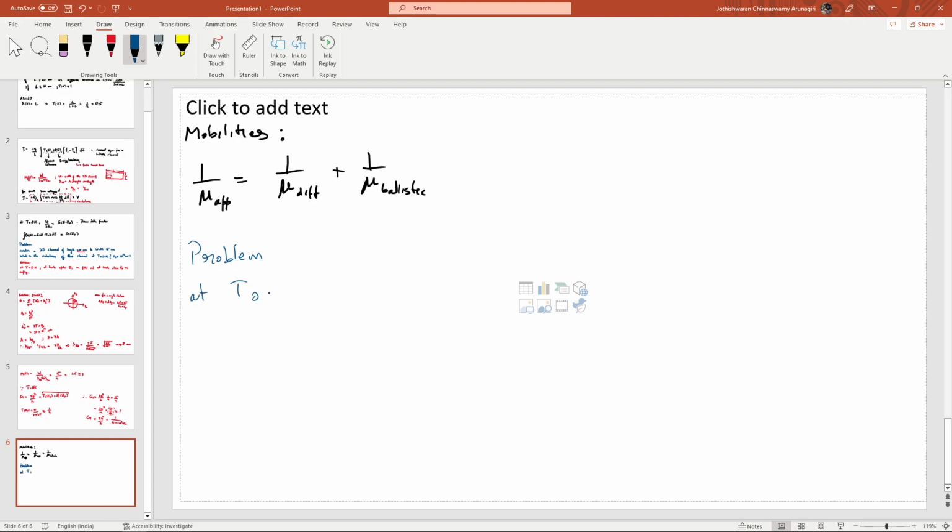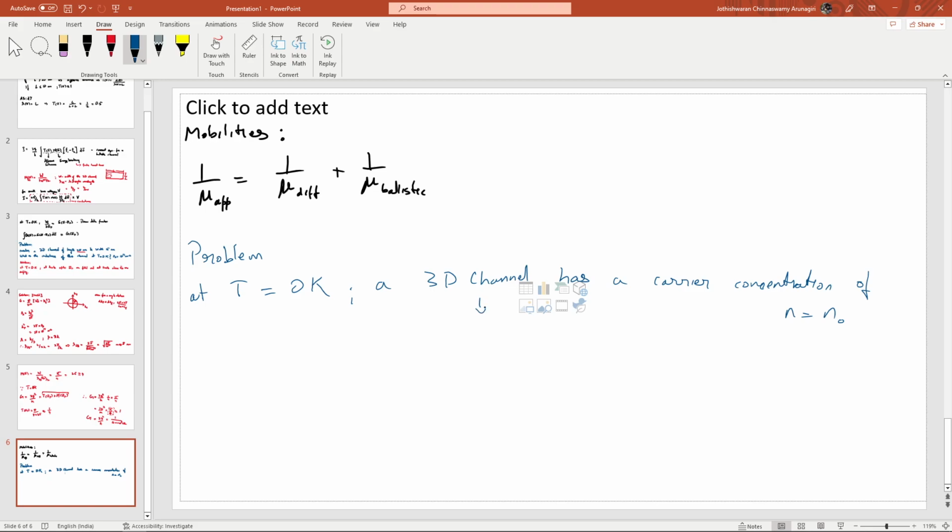At T equal to 0 Kelvin, a 3D channel has a carrier concentration of n per centimeter cube, or let me call it n naught.